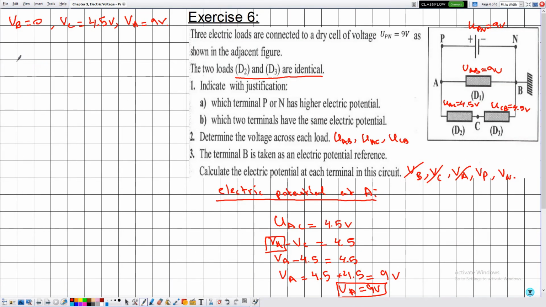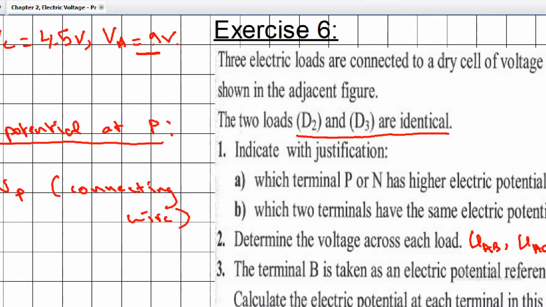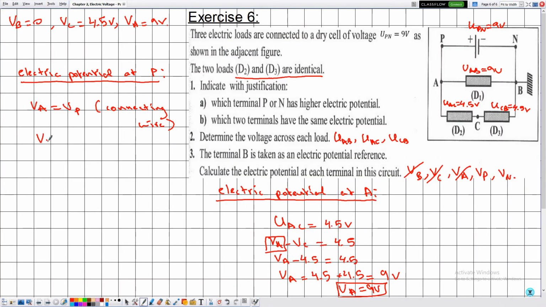So we are interested in determining the electric potential at P, which is given by Vp. Here simply VA is equal to Vp, and the reason is the connecting wire. But we know that the value of VA is equal to 9 volts, so Vp is equal to 9 volts as well.